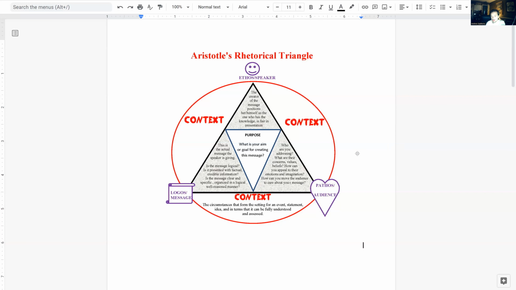Logos is just logic. And the thing about logos isn't just good classical argumentation. The way that arguments work, and we'll get into this when we do argument, is a series of premises followed by a conclusion. An example of a classical syllogism, a classical argument, is something like: Socrates was a man. All men are mortal. Therefore... So those are two premises.